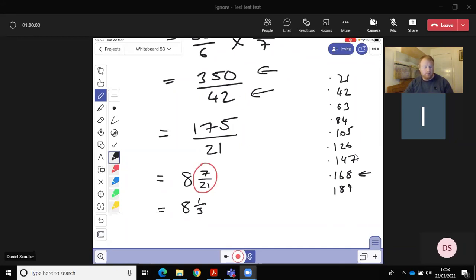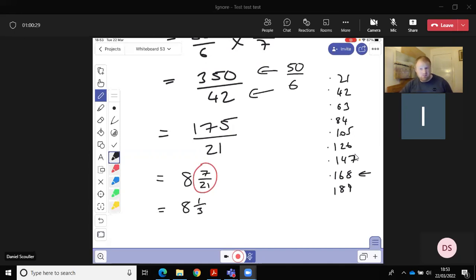Just double check that. How do I know that? Well, you can just take away that 0. Take away that 0, you're left with 35. 7 goes into it 5 times, and then put that 0 back on, 50 times. So 7 goes into that 50 times, goes into 42 6 times.